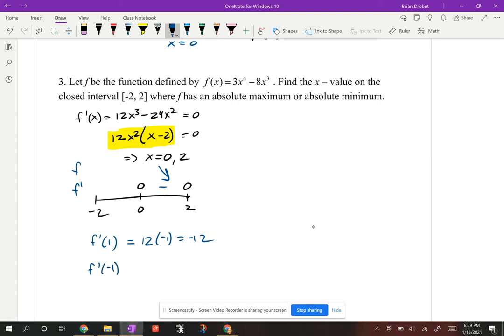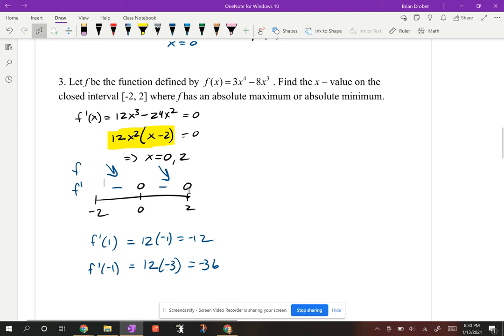And then let's choose a number between -2 and 0. How about -1? When I plug in -1, I'm going to get still a positive 12 and then times a -3, -36. Ooh, that is also negative. So note that at the critical point 0, the derivative does not change sign.